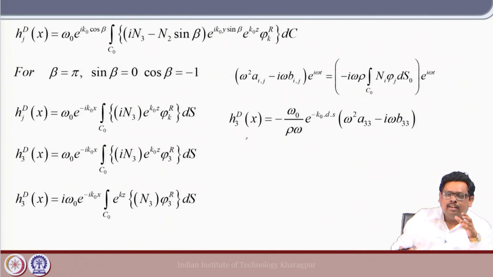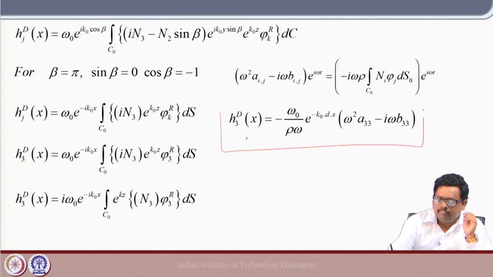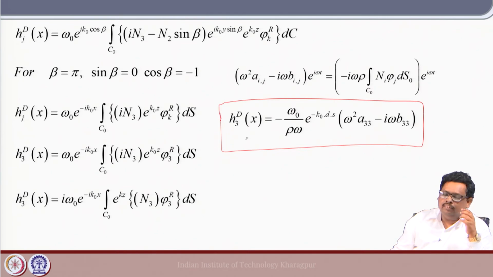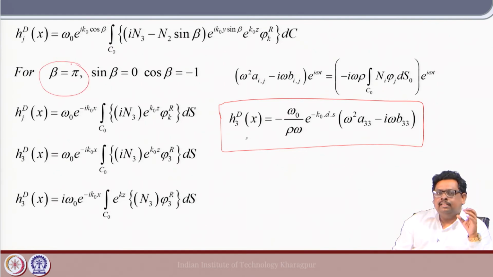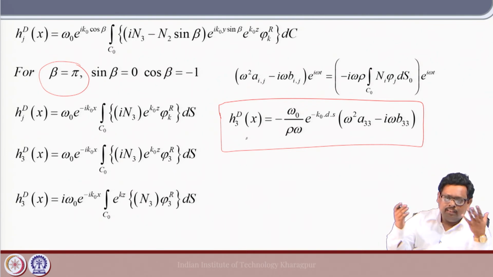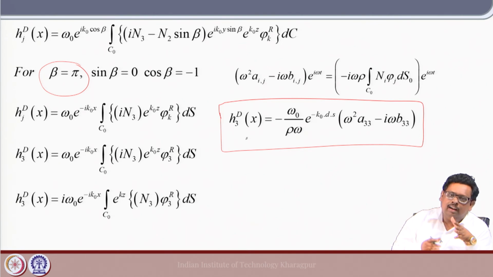If I try to figure out how to get the diffraction force, then this is the expression. It is also very well known that beta equal to pi is the condition where we are interested to get all these wave loads, because it is assumed that head waves are much more dangerous compared to the other wave angles.